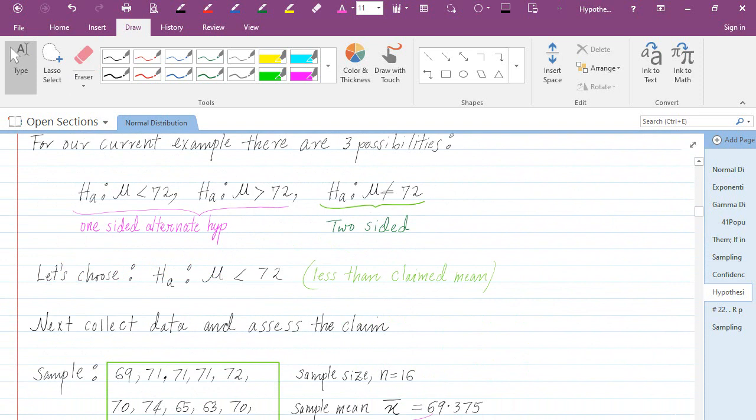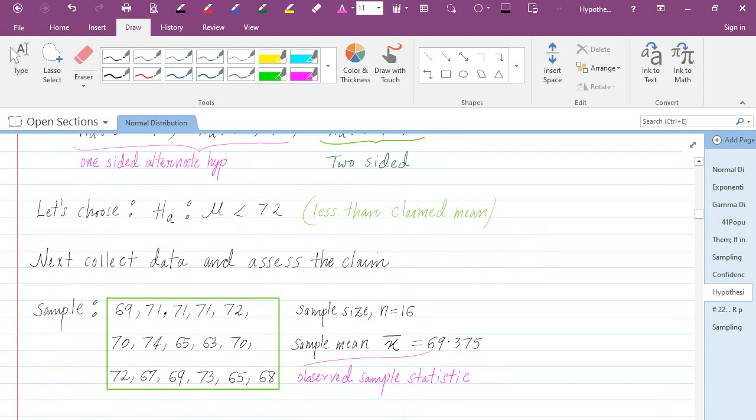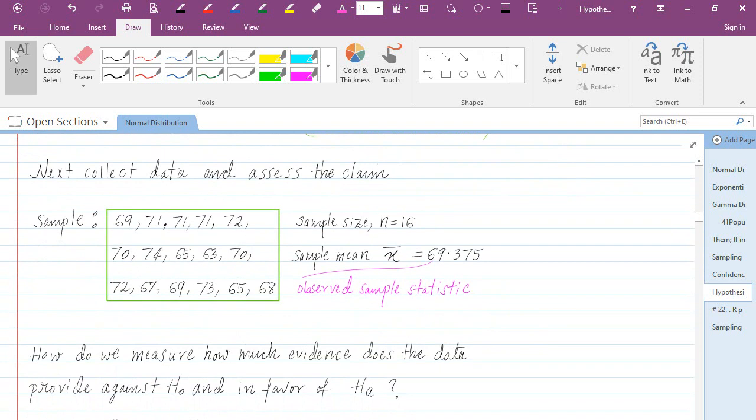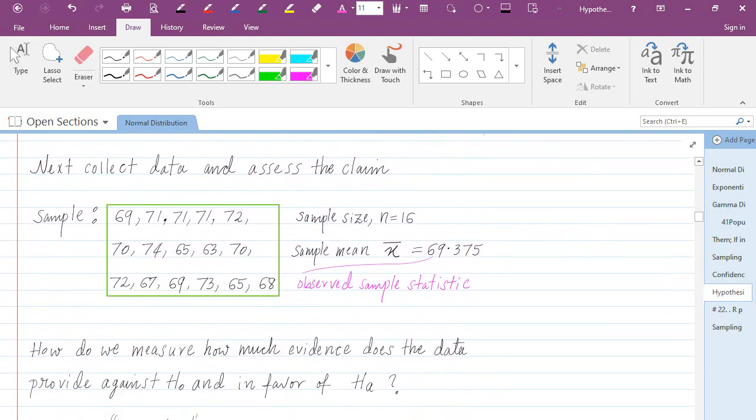So that's what we want to assess, right? What is the next part? The next part is that we have to collect data in order to assess the claim. Remember, we are making a claim about the mean height of BGSU students. So we take a sample.